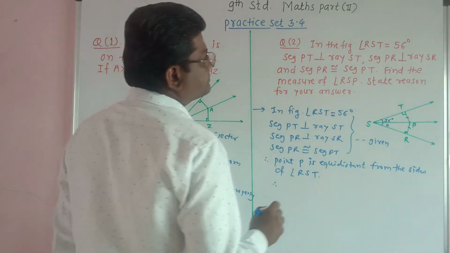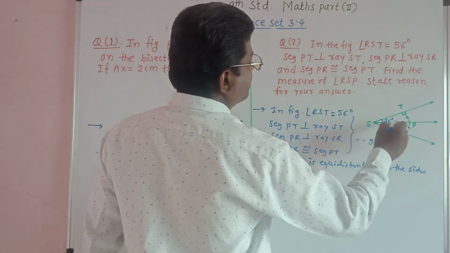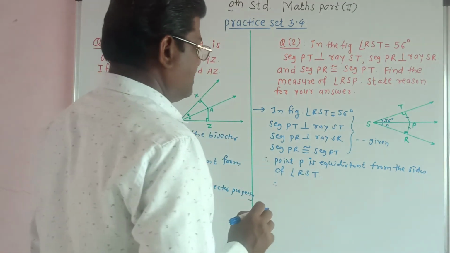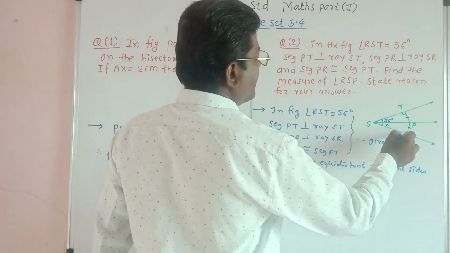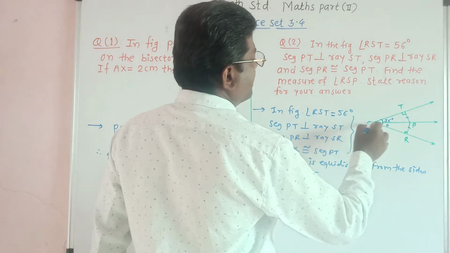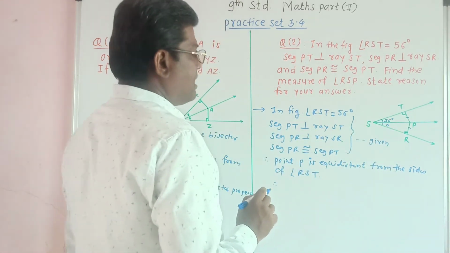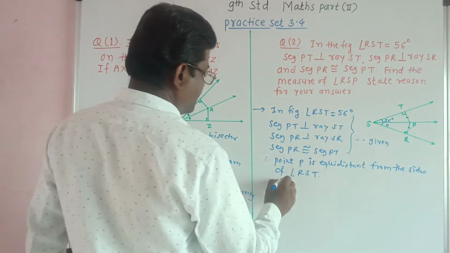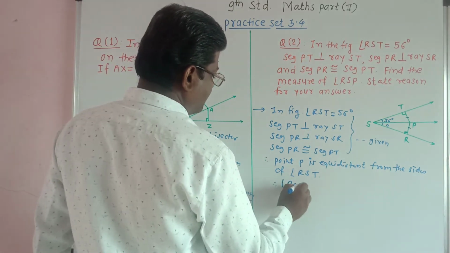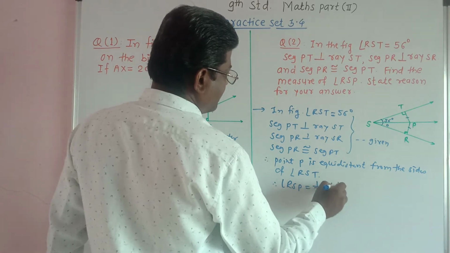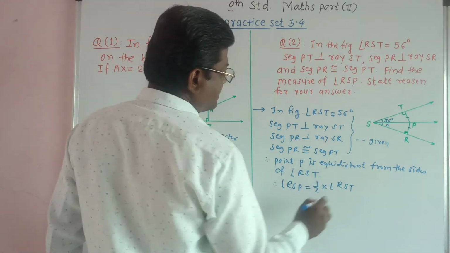Therefore, SP is the angle bisector. Therefore, we have to find angle RSP. Angle RSP is half of angle RST. Therefore, angle RSP is equal to half into angle RST.